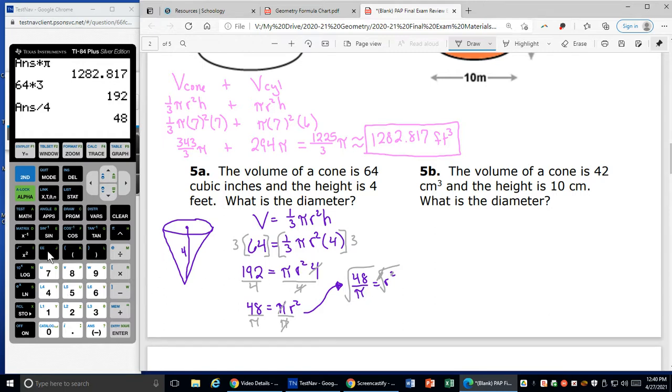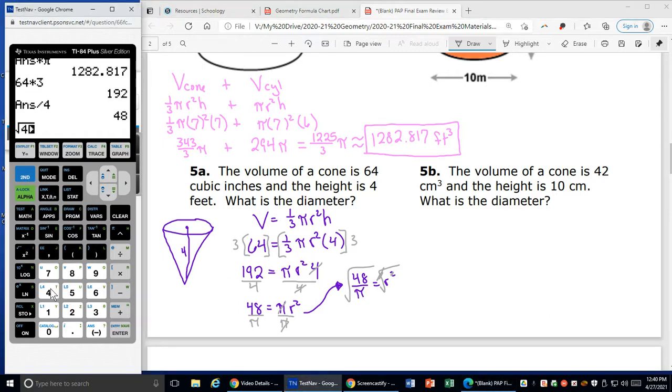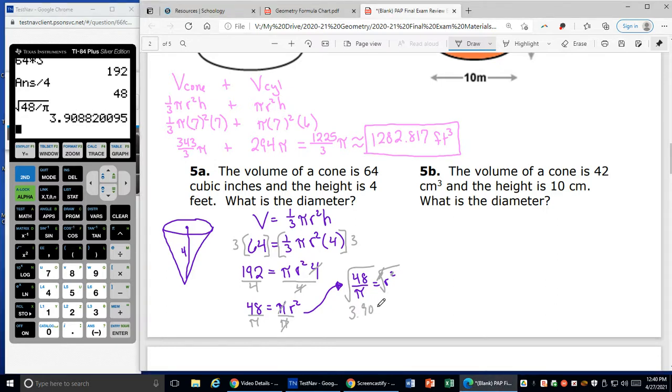So let's see. The square root of 48 divided by pi. Notice the whole thing is underneath that square root bar, so it is going to square root that whole thing. When I hit enter, I get that my radius is 3.909 if I round. But it's not asking me for the radius. It's asking me for the diameter.